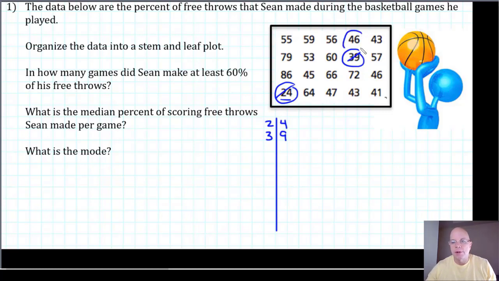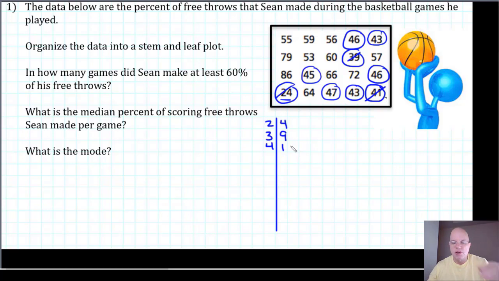The 40s, I have quite a few that are in the 40s. So we have 40. The least would be, I missed the 41, and I also missed the 46. So we have 41, and done with that, I see no 42s, but I see two 43s.